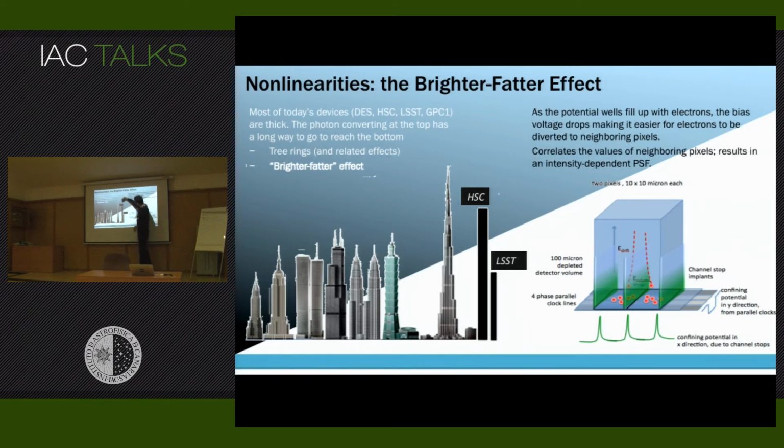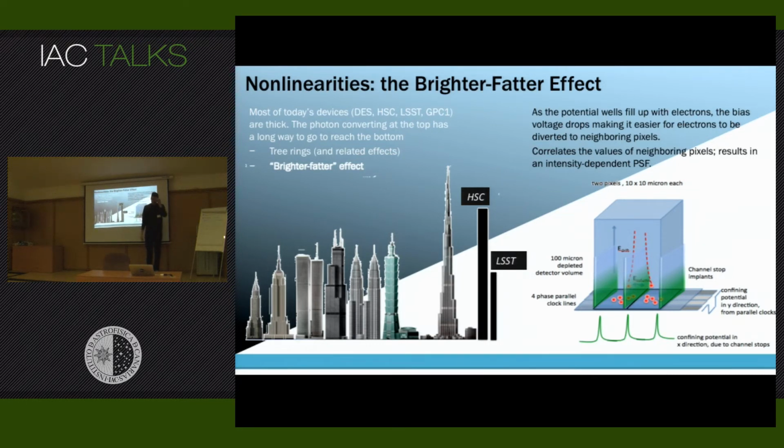Your photon flies in from the top, gets converted to an electron somewhere around here, and then that electron starts drifting all the way to the end, being pulled by the electric field all the way down. This is tall. There's a lot of time for things to go wrong, right? What kinds of things can go wrong? One, we've already seen: the brighter-fatter effect, and the tree rings, right? It can get pushed out into the adjacent pixel.